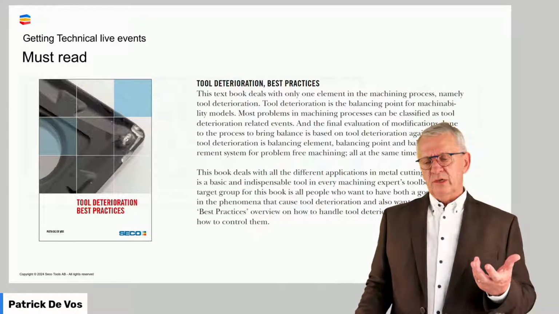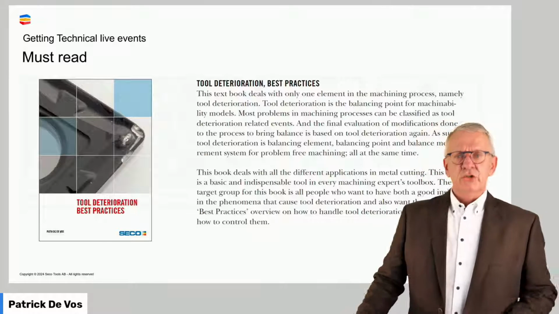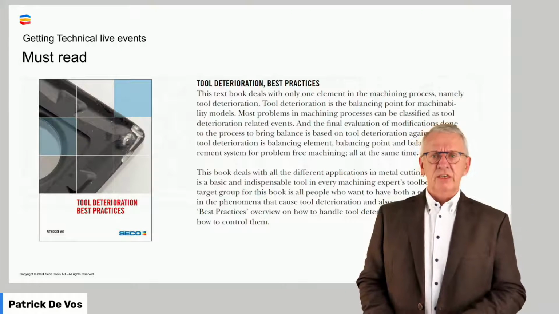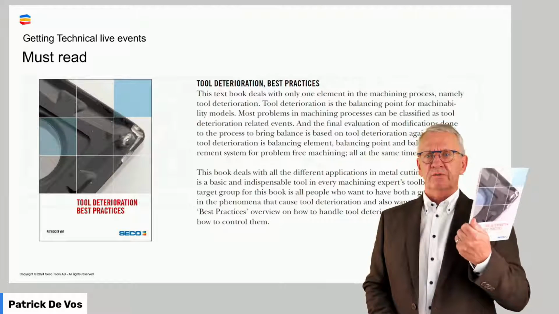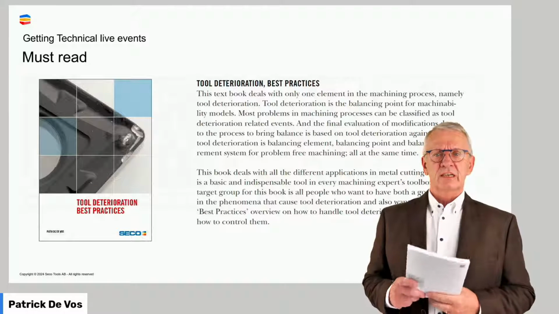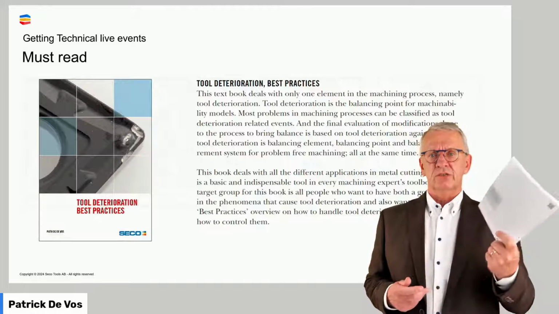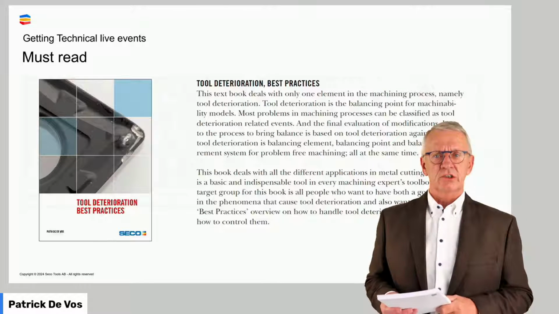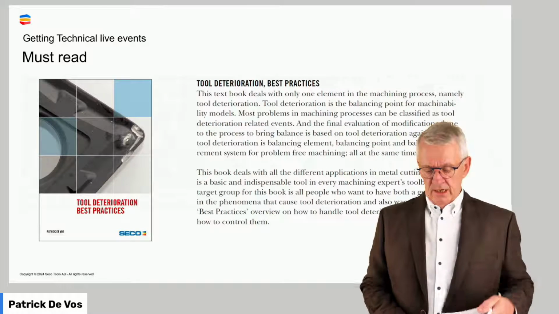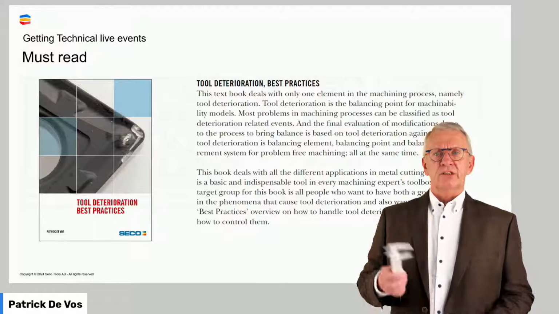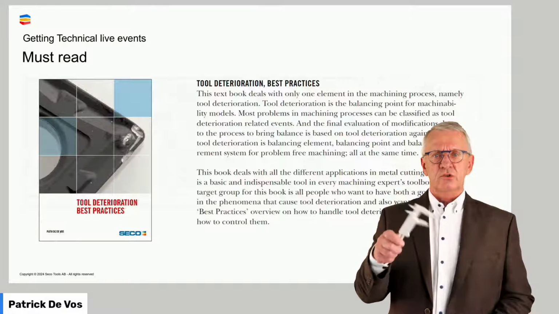If you talk about tool deterioration, you need knowledge. And knowledge, where do you find knowledge? Knowledge you find in books. And I would say if you want to work with tool wear and tool deterioration, it starts with having the necessary knowledge, and that's available. You also need to know how to measure things, so you need something to measure.